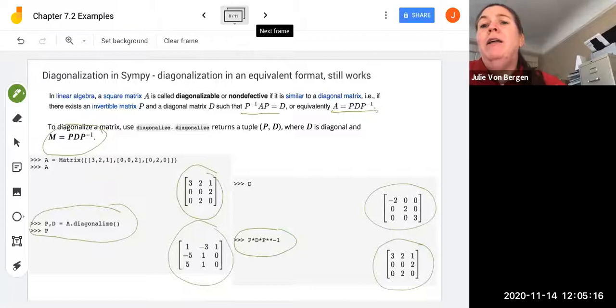Just be aware the matrix P and the diagonal D that you get are not necessarily going to be the same as if you do it by hand, because Sympy uses the matrix equals P D P inverse. If you do it by hand, following the techniques in our book, D equals P inverse A P. So you get slightly different values, but it's still okay, and it's still going to work out as possible diagonalizations.